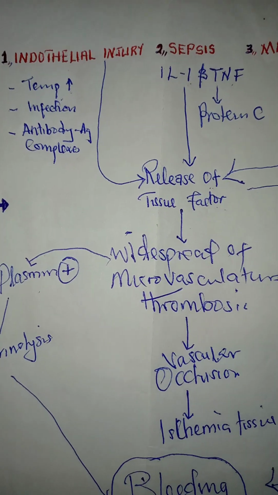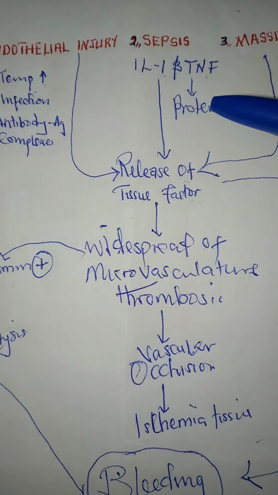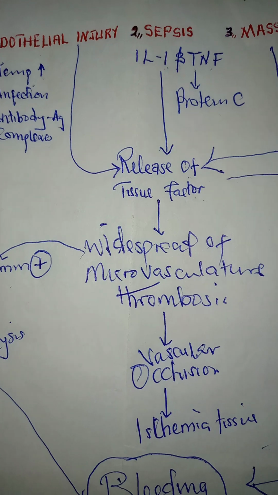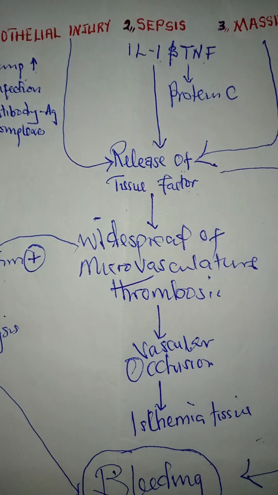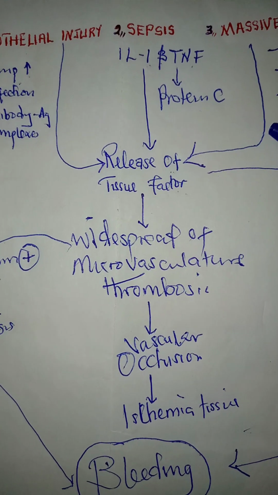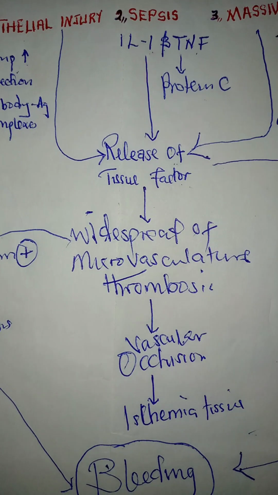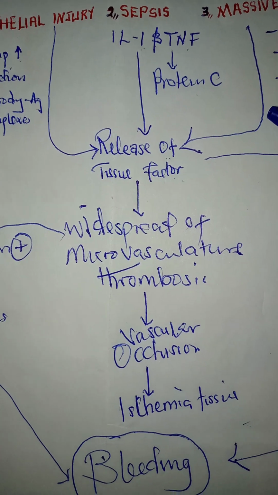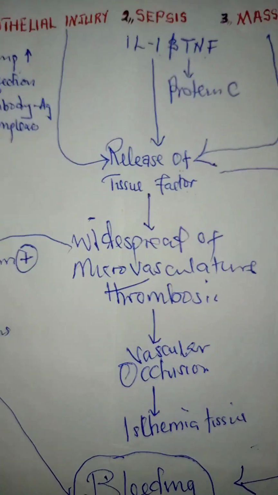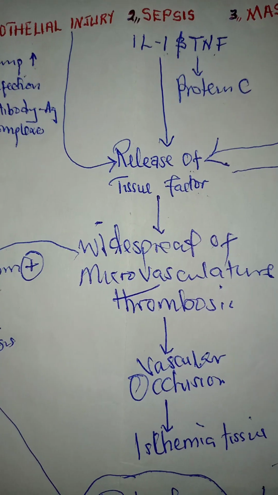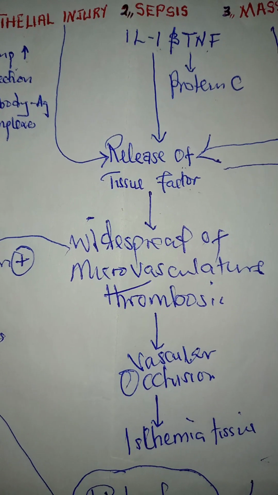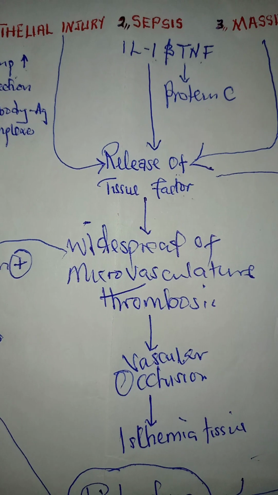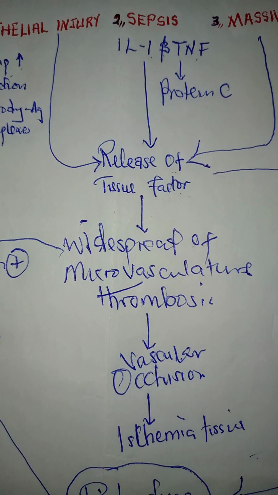Let's go to the next one, sepsis. Sepsis is whereby bacteria enter into the bloodstream. Gram-positive and gram-negative bacteria have what we call endotoxin as well as exotoxin.